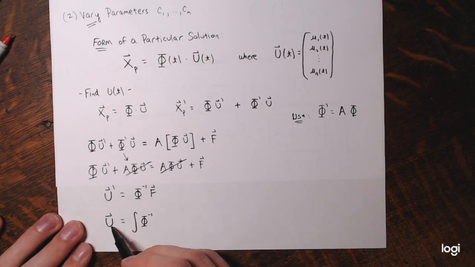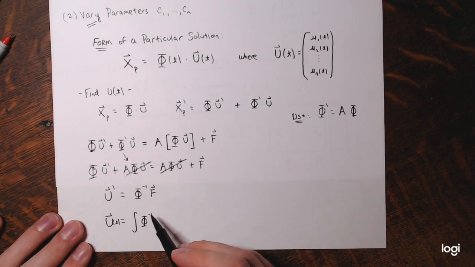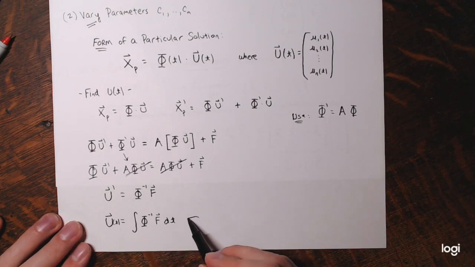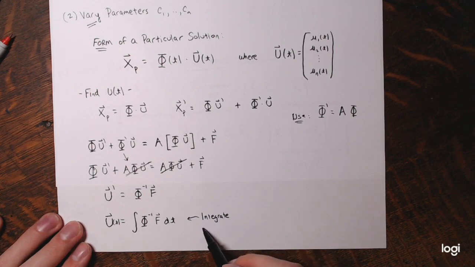So the vector u that I was trying to find, u of t, is going to be the integral of phi inverse times f with respect to t, where when you multiply these two matrices, you get an n by 1 column vector, and you just integrate component by component.